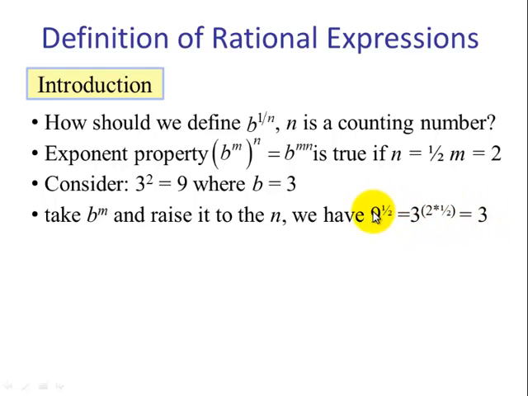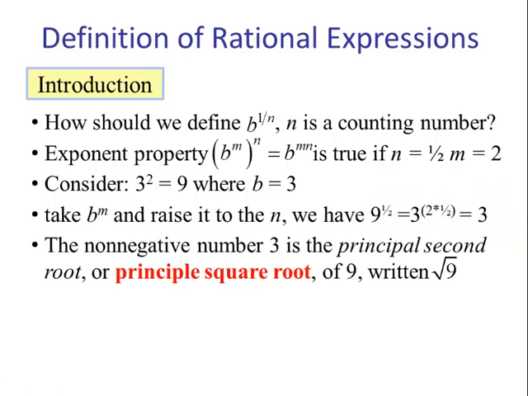So we have illustrated that 9 to the 1/2 power is equal to 3. The non-negative number 3 is called the principal square root of 9, and if you remember, we write it radical 9. So there is a connection between the radical and fractional exponents.